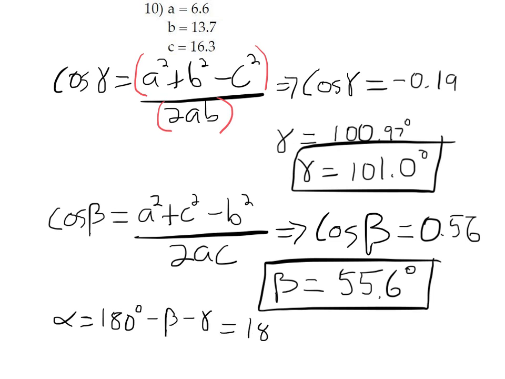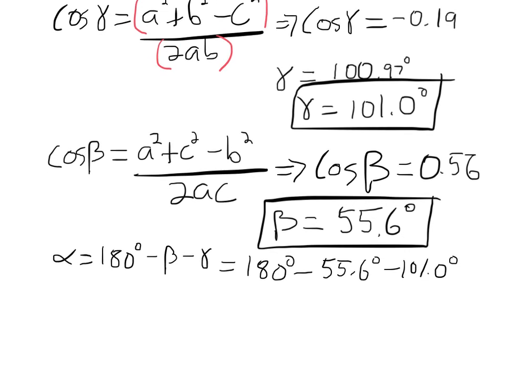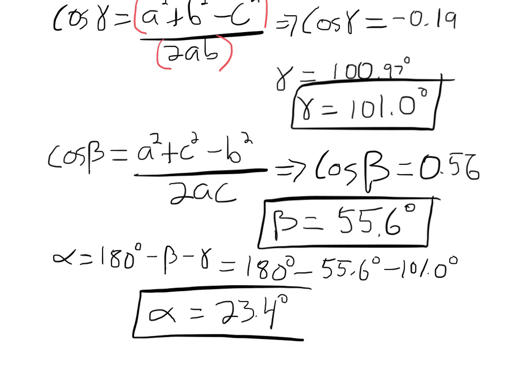That will give me 180 degrees minus 55.6 degrees minus 101.0 degrees. Finally, not beta, sorry, alpha equals 23.4 degrees. These answers match up with the key.